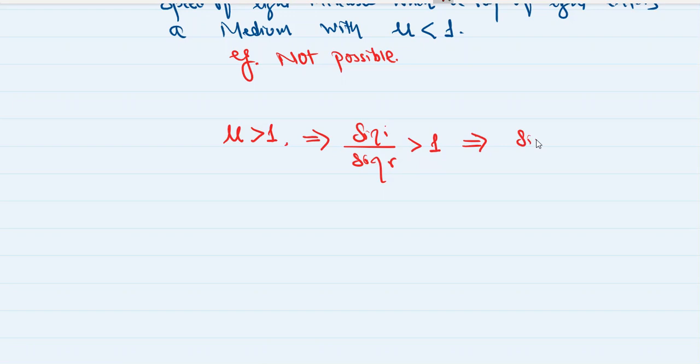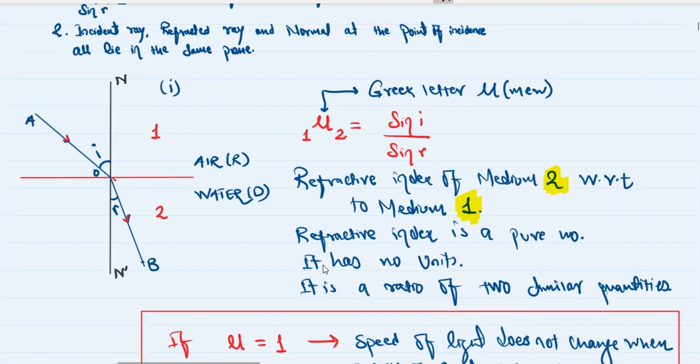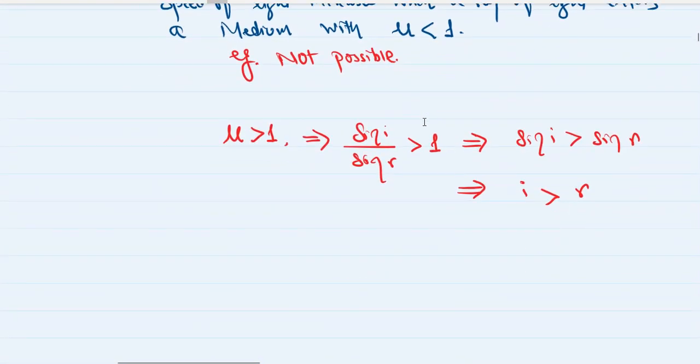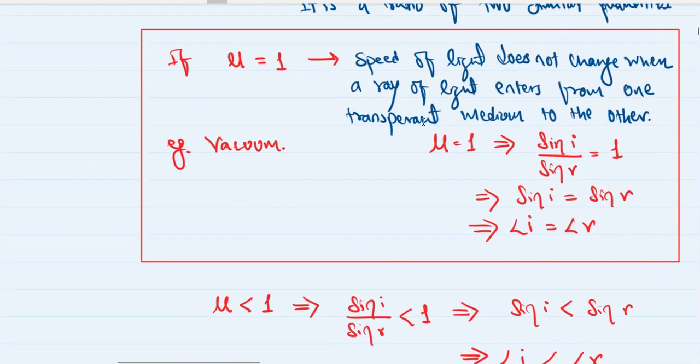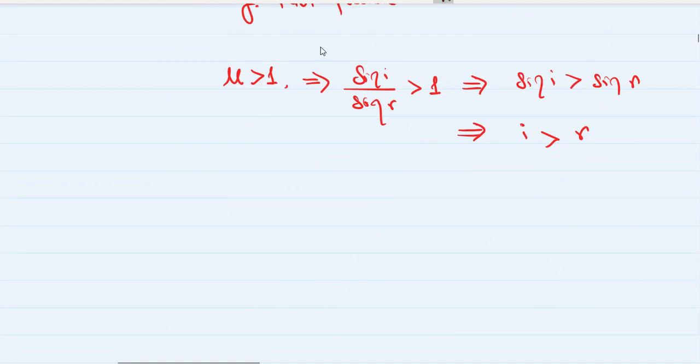It means that sine i is greater than sine r, which in turn means that angle of incidence is greater than angle of refraction, and which generally happens when the ray of light enters from rarer medium to denser medium, right? So we can say that speed of light decreases when the refractive index is greater than 1.